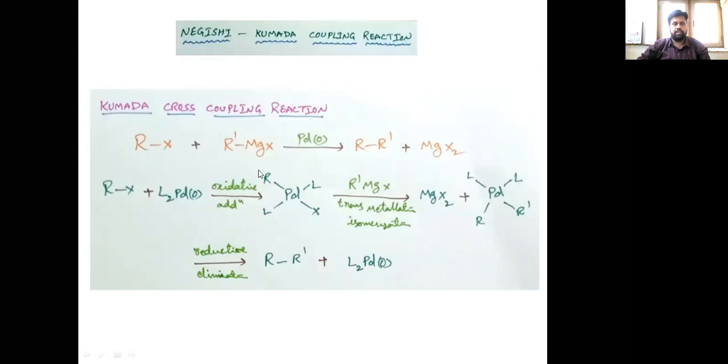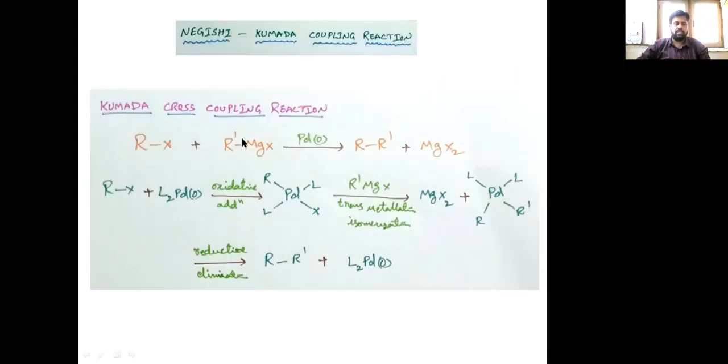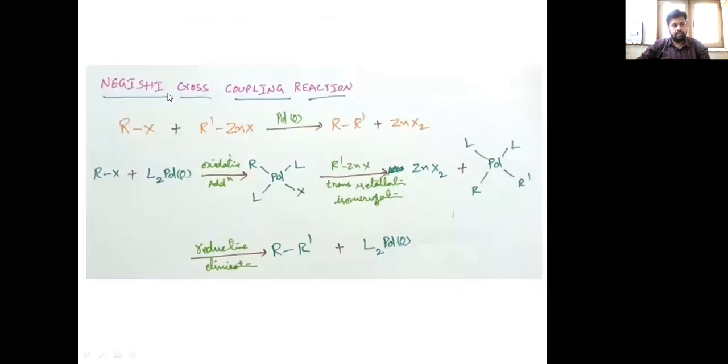Both are the same; the reaction, mechanism and palladium catalytic cycle are also the same. The only change is that in Kumada cross coupling we use alkyl magnesium halide, but in Negishi cross coupling we use only alkyl zinc halides. So that is the only change, right?